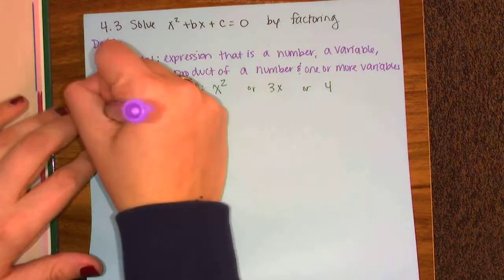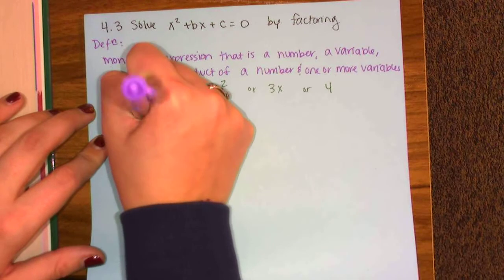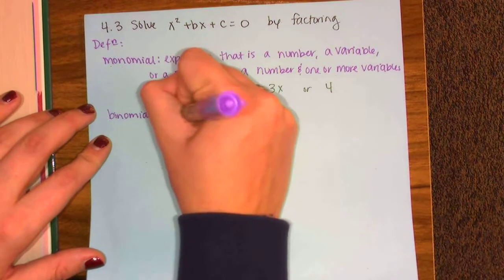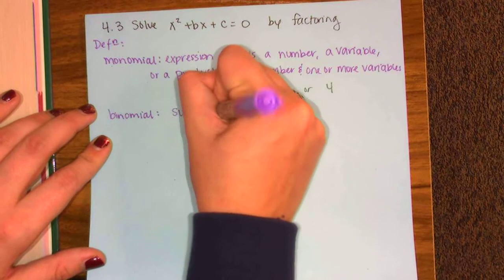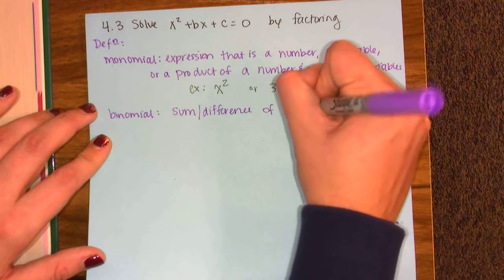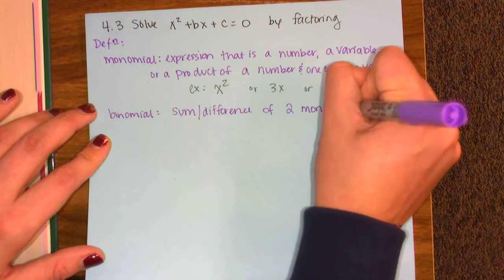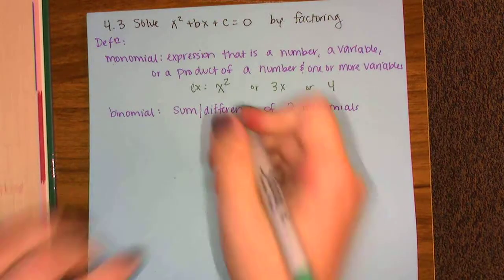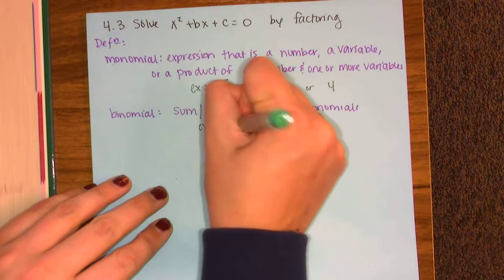A binomial is the sum, or difference, as the case may be, of two monomials. So something like x plus 4.